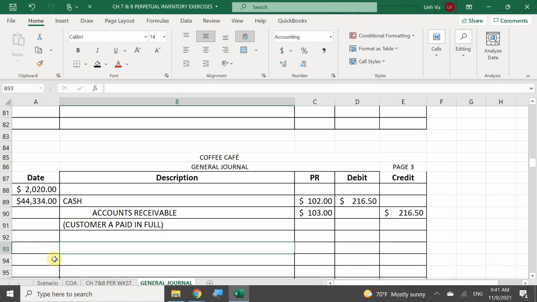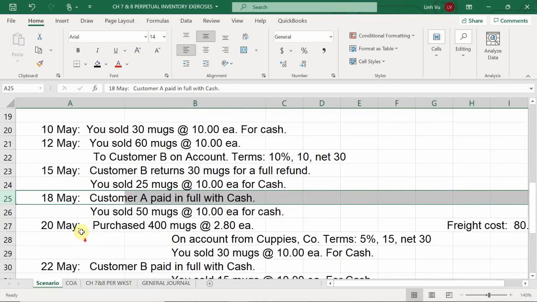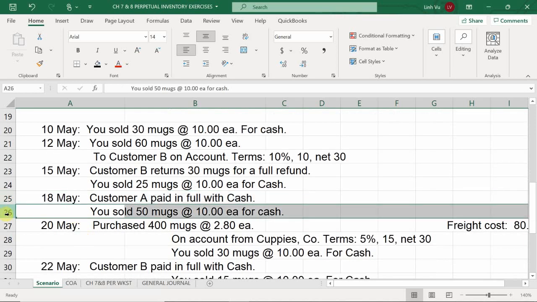So then let's see what happened next. The same day, right, you end up selling an additional 50 mugs at $10 each for cash. Okay? Same day, you sold 50 mugs for cash.